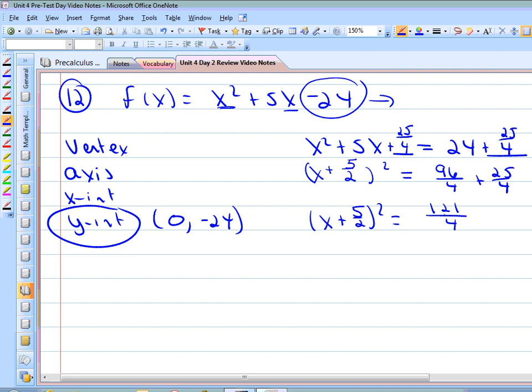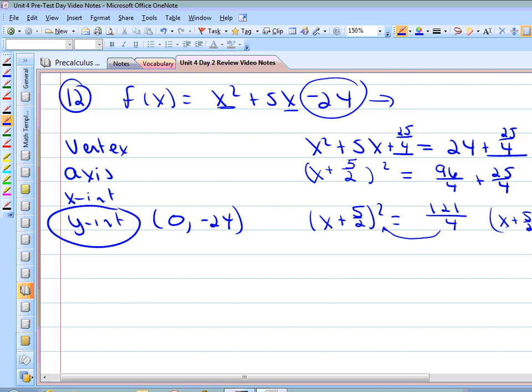That means something's going to come out easier for us in just a minute. All right, so before I go on to finish solving, I'm going to give you my vertex. Remember, we would move this over. And if we did, it would have said (x + 5/2)² - 121/4.